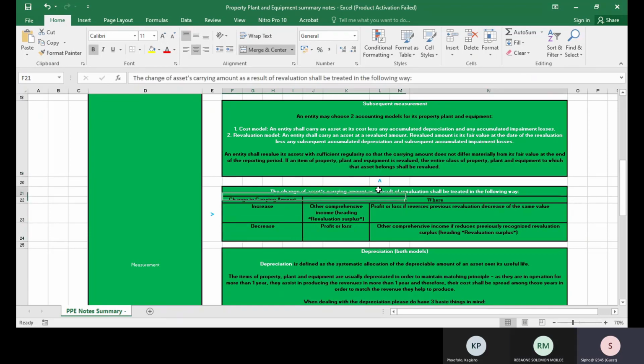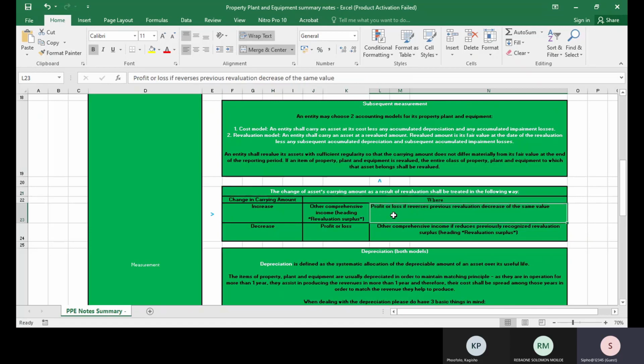Then they are saying the change in an asset's carrying amount as a result of revaluation shall be treated in the following way. An increase in revaluation must be recognized in other comprehensive income under the heading revaluation surplus.